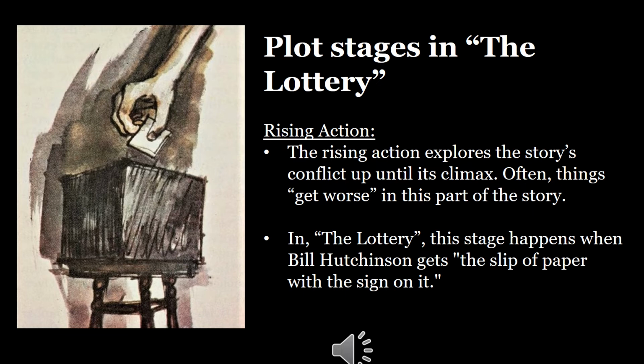In The Lottery, this stage happens when Bill Hutchinson gets the slip of paper with the sign on it. Then his wife protests. This is the first evident moment of conflict that we see in the story, as Tessie Hutchinson disagrees with the result of the lottery.